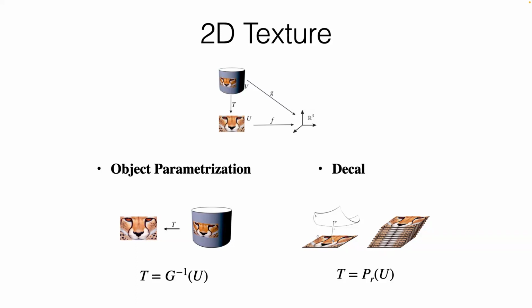Instead of doing a parameterization, you just project this on the surface, like a slide projection that projects that onto a surface. And there are different types of projections that are also good for 3D textures, right?